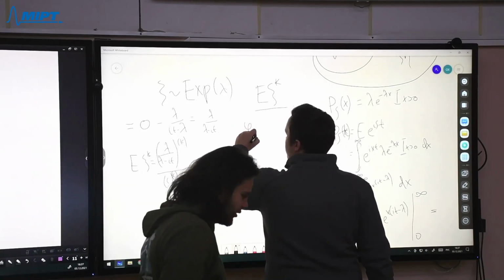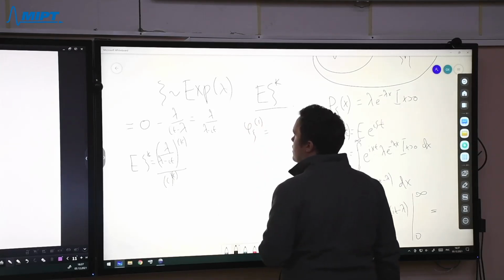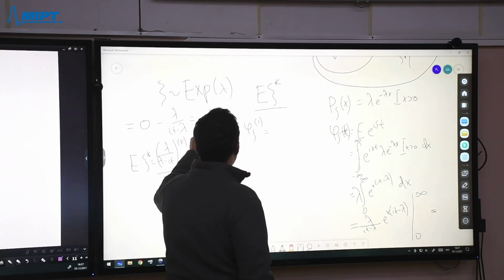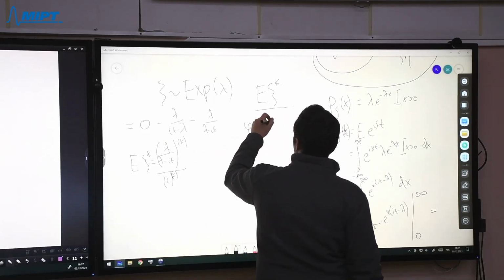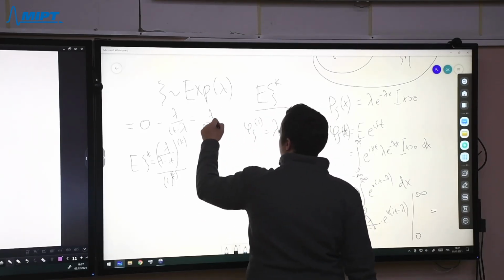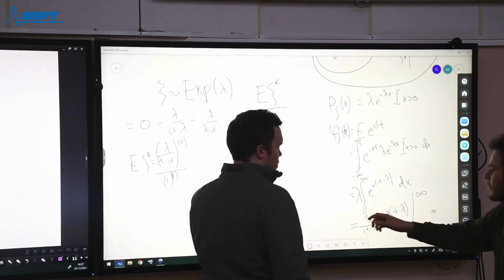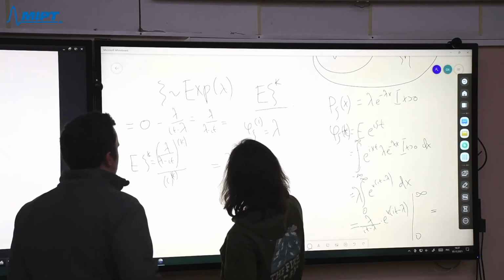The first derivative, with respect to t, obviously, since t is our variable, is going to be lambda times the derivative of 1 over (lambda minus it). It's better, by the way, if you write it like this, 1 over, like this, look.